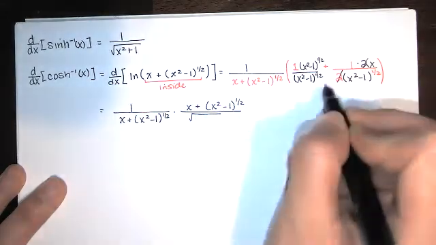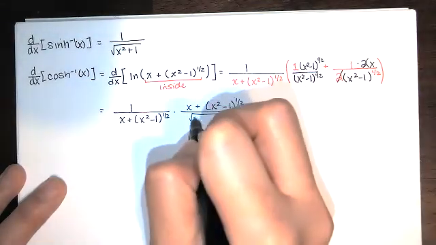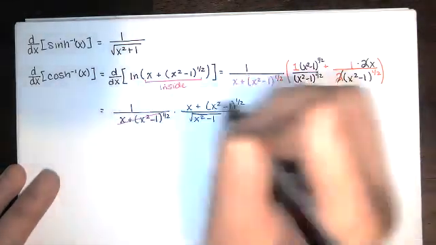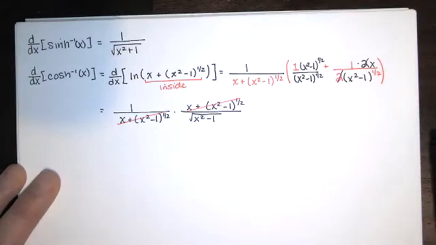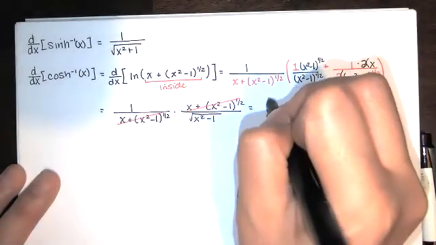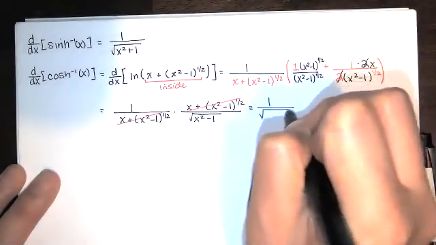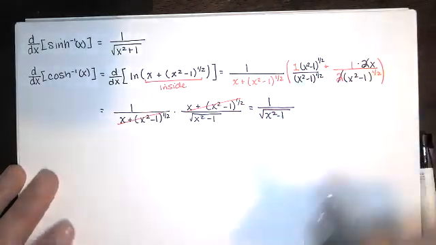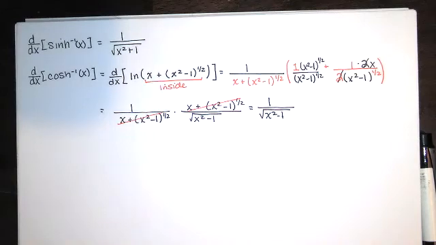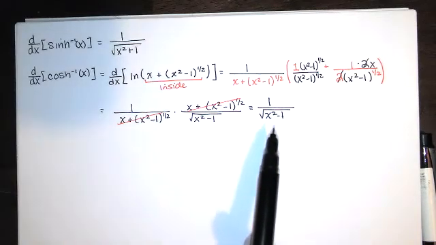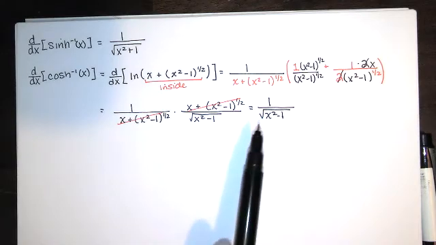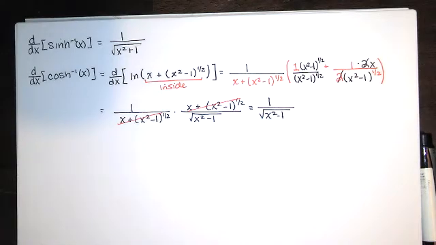And in the denominator over here, when we get a common denominator, we've got that square root of x squared minus 1. Oops, that should be an x squared minus 1. Ooh, that looks a lot like that arcsine derivative, but it's x squared minus 1 instead of 1 minus x squared.